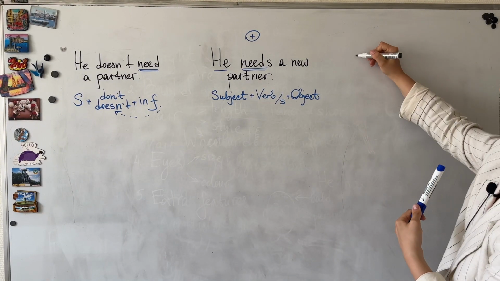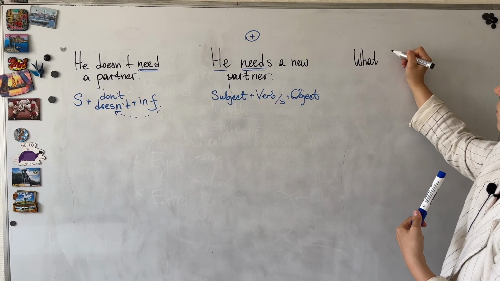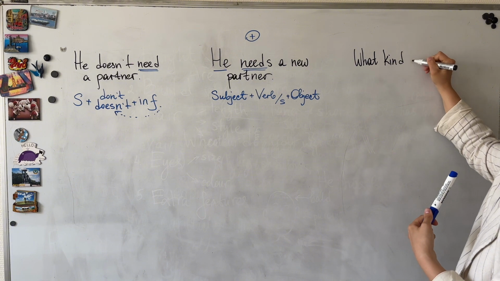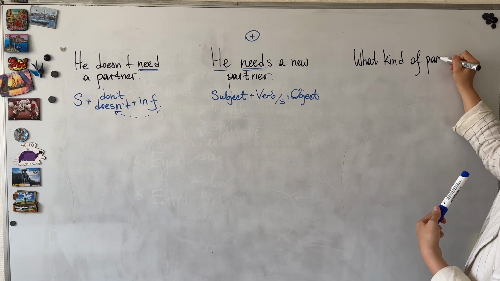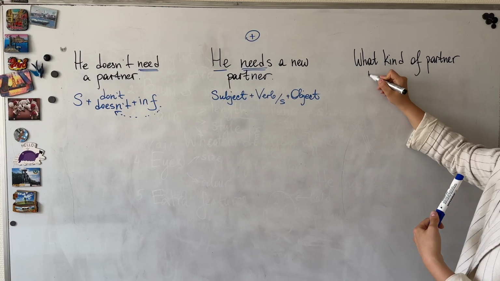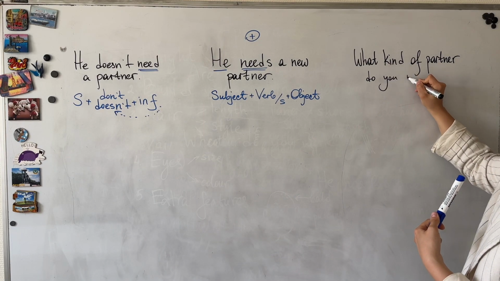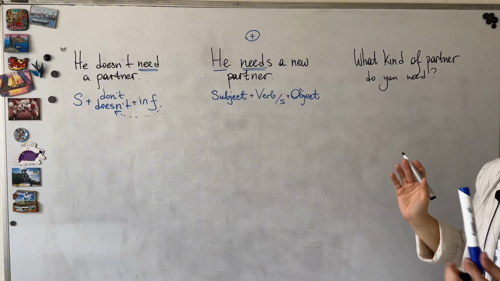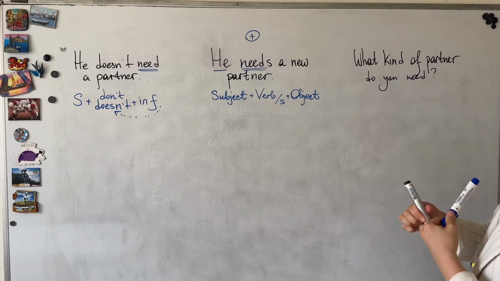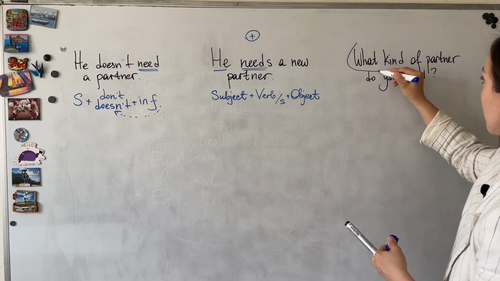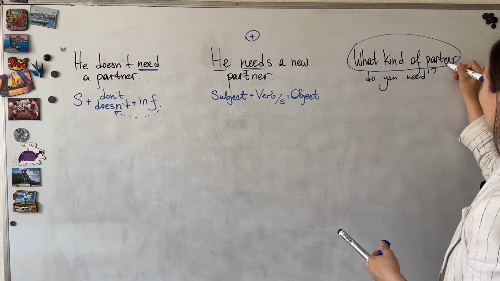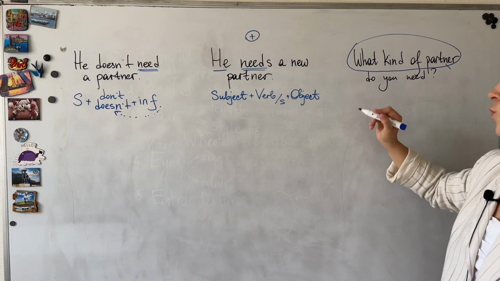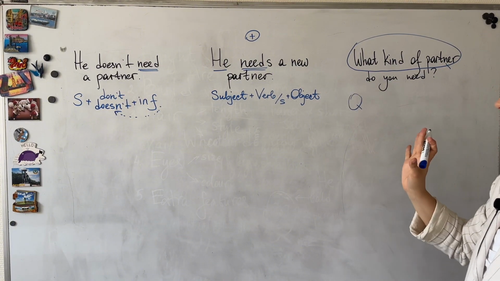For example, what kind of partner do you need? We will start with a question word or a question phrase. It can be anything.